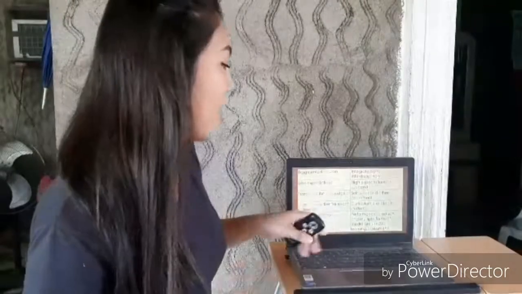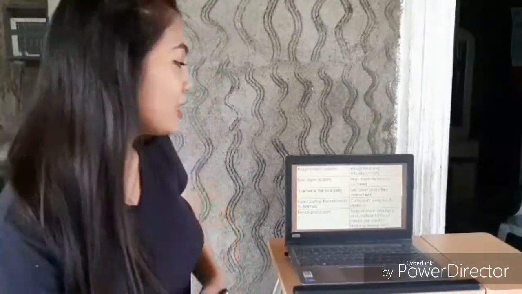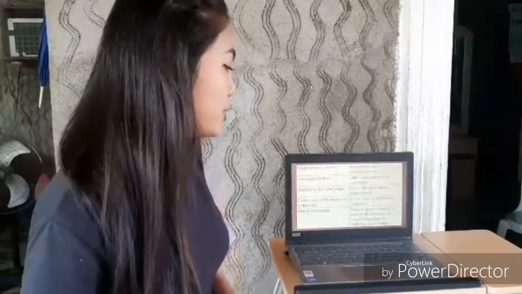Next one, pencil and paper. We are all aware that before, the only way to assess students was by the use of exams, pencils and papers. It's like the performance tests were not so necessary before. But now, performance, products, and multiple forms of media are used for learning assessment. It means that it is not only pens and papers that are used for your grades, but also your performance itself.